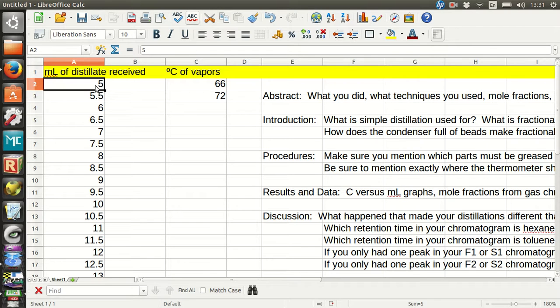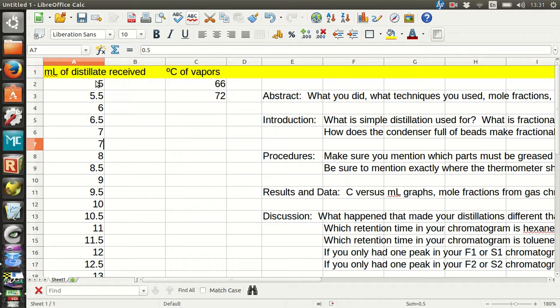Now, some of you may have just done like this. You may have recorded the temperature every 0.5 milliliters, kind of like this. That's okay. Just add them up together so that it ends up being total milliliters of distillate. Some of you may have started collecting that data at 5 milliliters. That's okay too. Just include the data that you actually recorded.